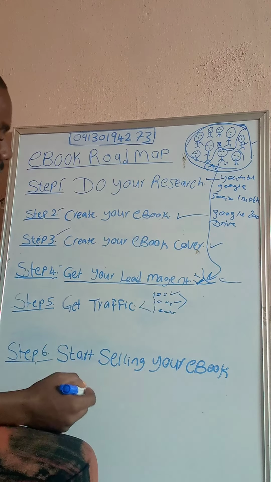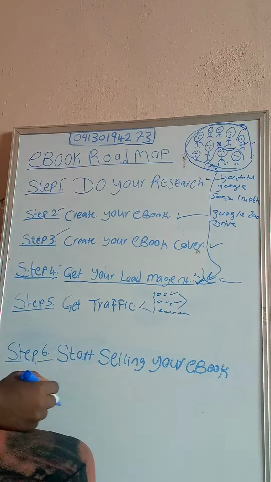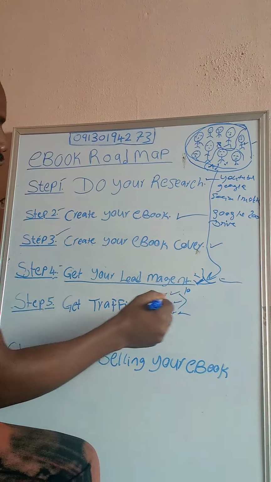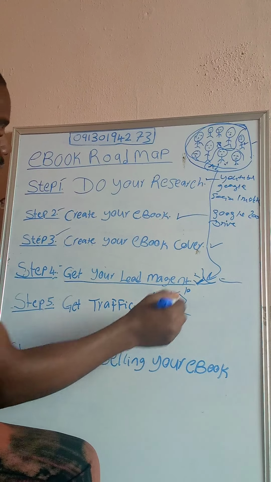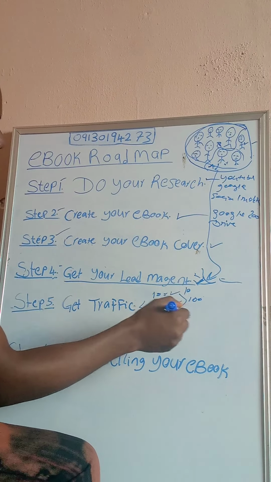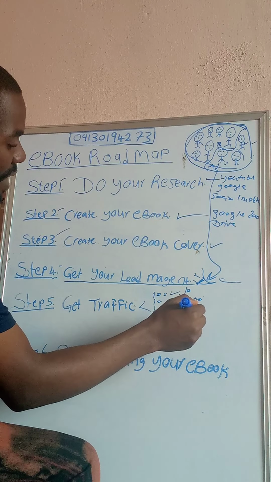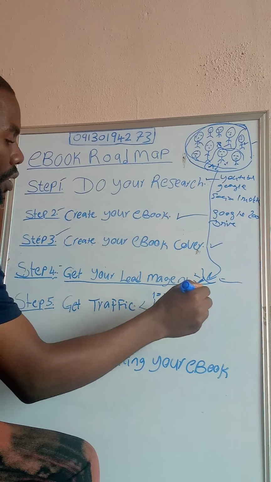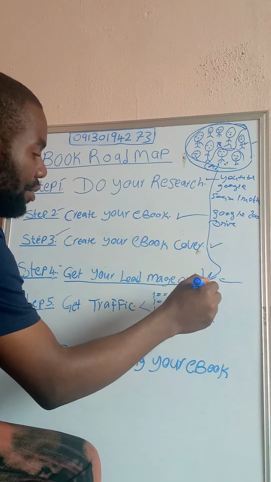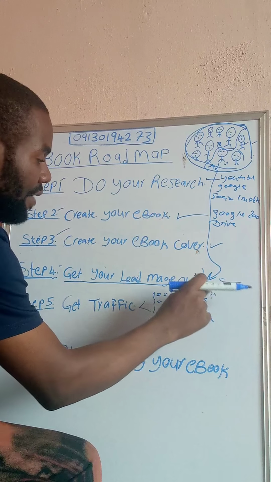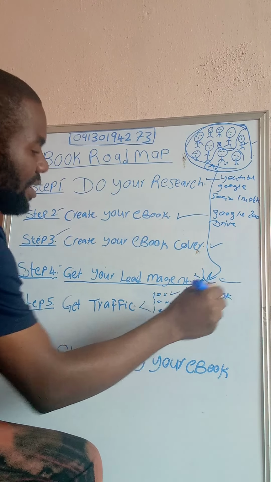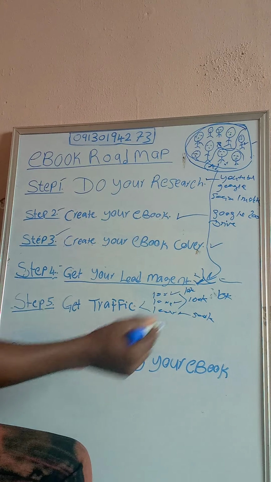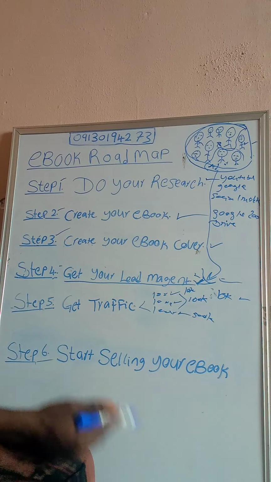If you're sending 100 people, you could be making less than 10K, someone sending 1,000 people per day could be making 100K, and someone sending 10,000 could be making maybe 500K or something like that. Okay, so that is how it works. If you are marketing to just 10 people every day, this is where the problem comes from. You can't be marketing to just 10 people and expect to be making 100K per month. It doesn't make sense.